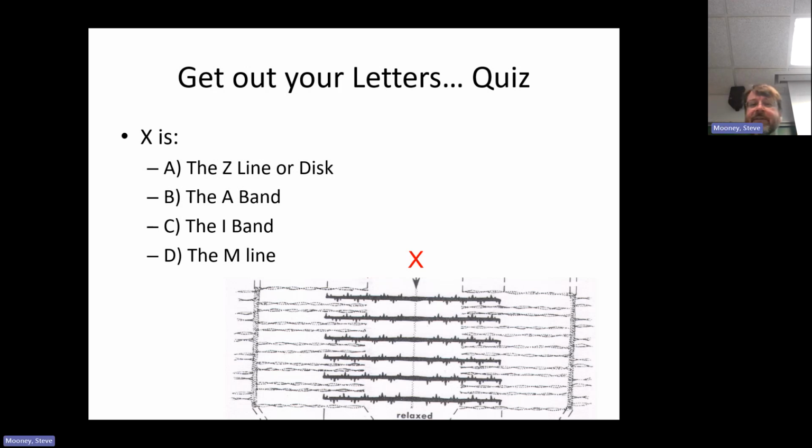So we're looking at D, that's the M line, the center that holds the protein disc there that kind of holds all the thick filaments in the right orientation.